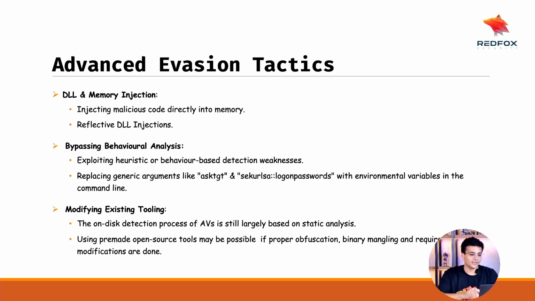Bypassing behavioral analysis. Windows Defender also does this. So let's say you have a totally obfuscated and undetectable binary for Rubeus, and you're trying to run it through a command line. The problem that arises is that you will have to give it some arguments, right? Correct. Let's say asktgt or harvest or createnetonly.